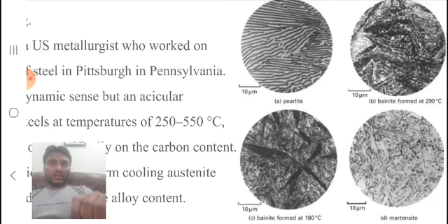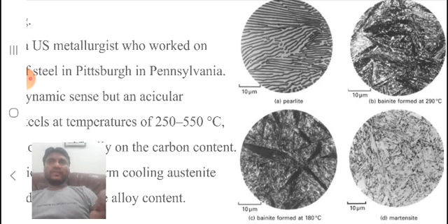Very important diagram. If we can understand these structures, then when we observe under the microscope, by just seeing the microstructure we can estimate the mechanical properties.